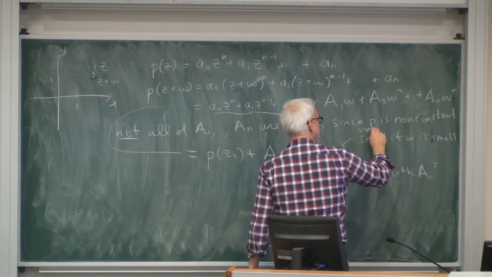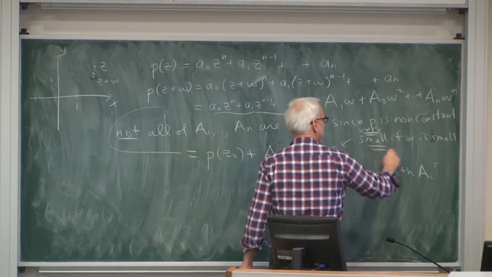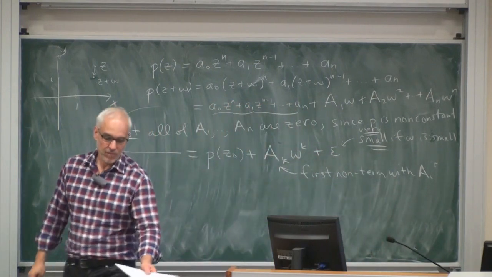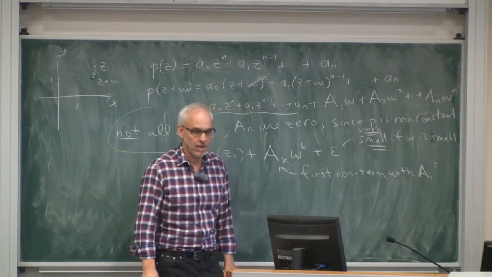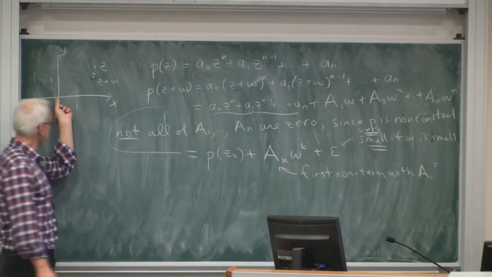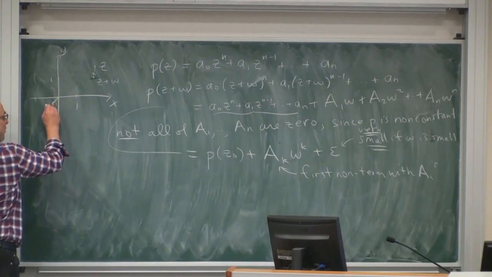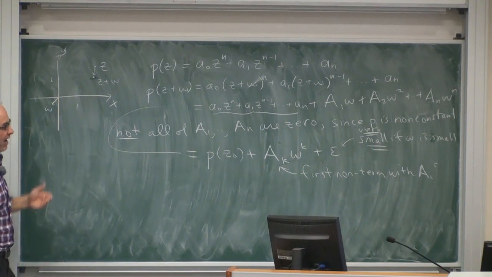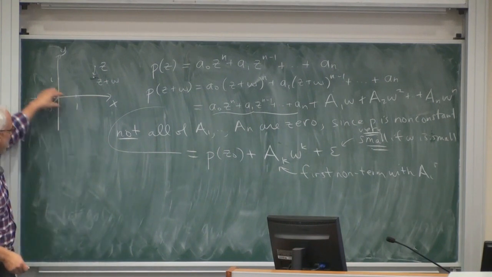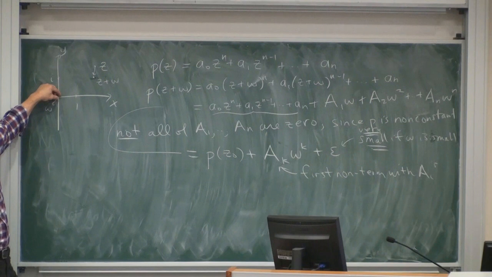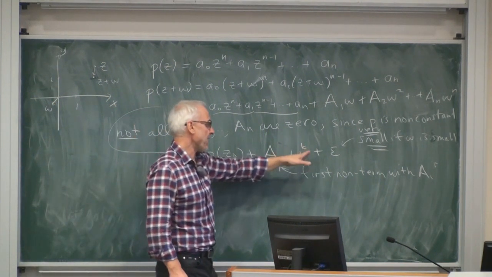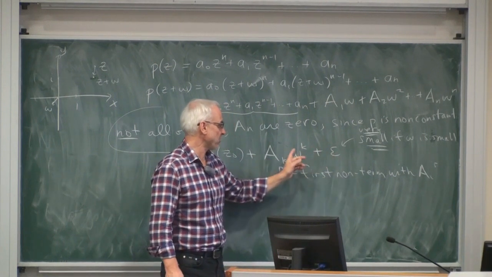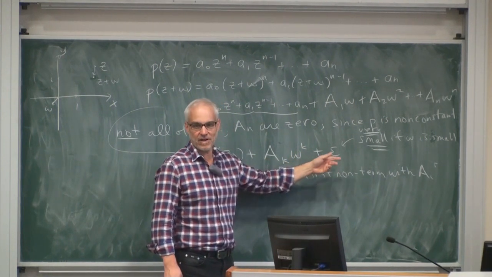In fact, that's very small if w is small, because the powers of w that we're looking at here are increasing. We're thinking of w as a small complex number, and if you take a high power of it, you get a very, very small complex number. So this might be of degree k, and the next one will be degree k plus 1, and compared to this it will be small if w is small.